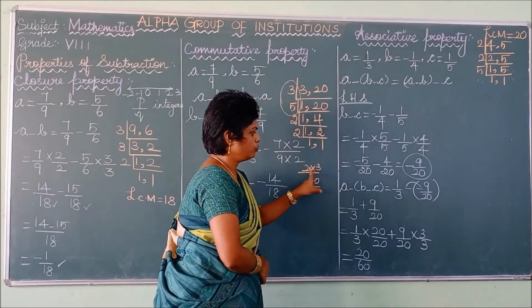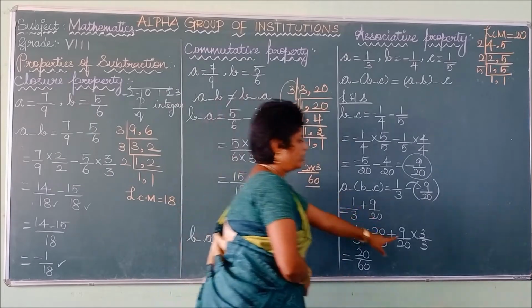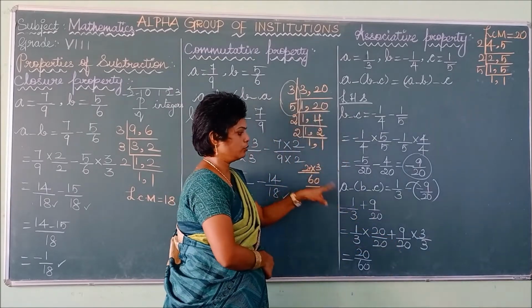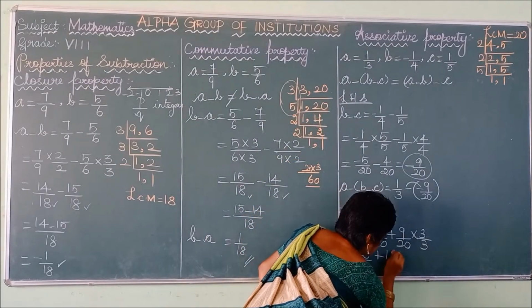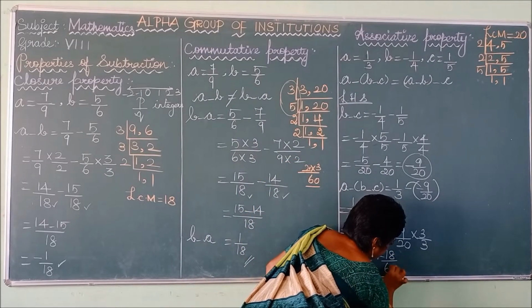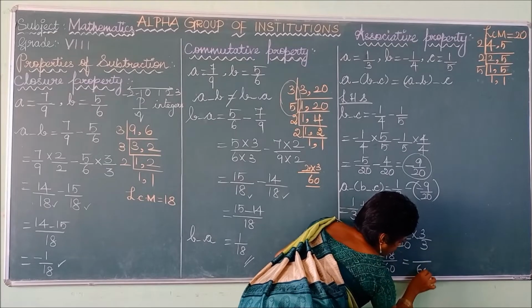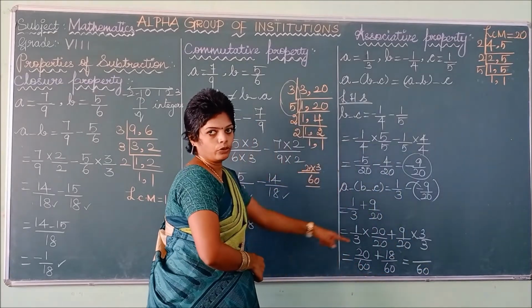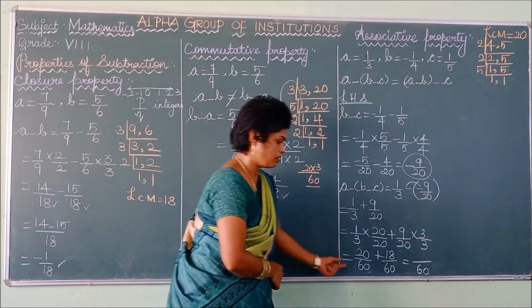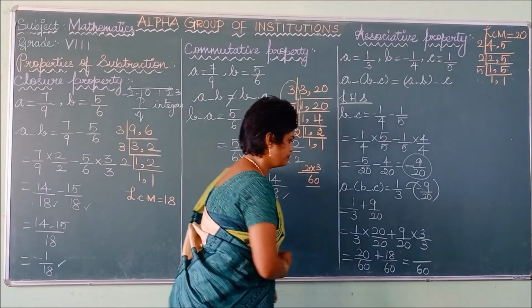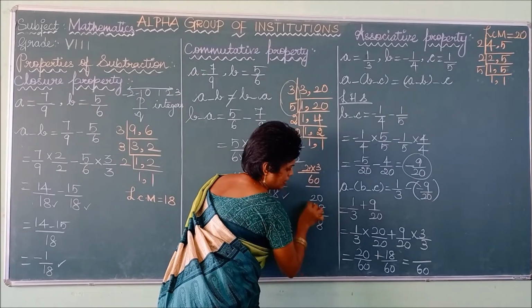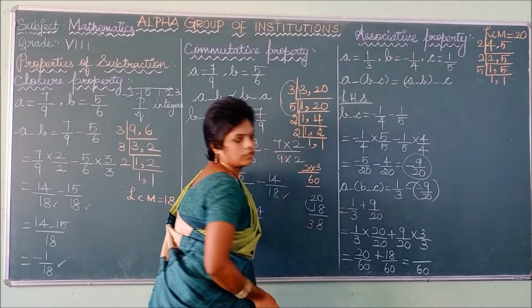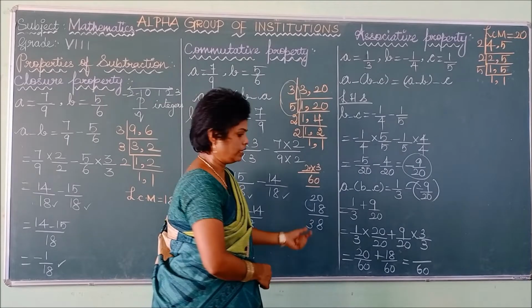So 3 into 20 is only 60. So here 20 is there. So 20 into 3 is only 60. This one is 18 divided by 60. So both the denominators are same. You can take the denominator as common. 20 plus 18. 0 plus 8 is 8. 2 plus 1 is 3. So 38.